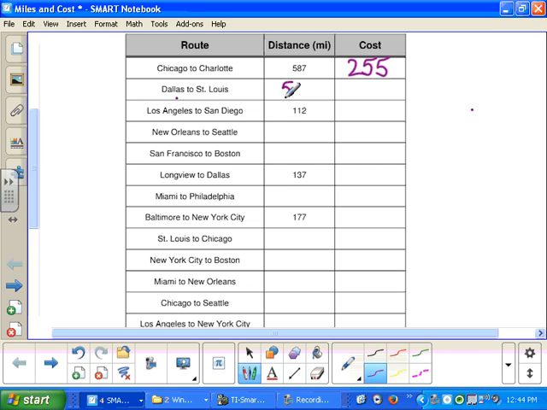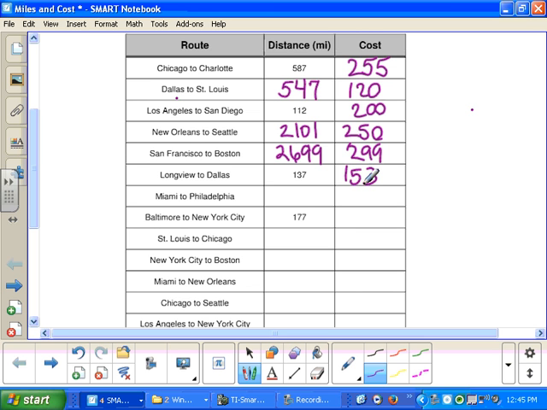Okay, we should have 547 and 120. 200. Just go in again and check to make sure that you have them all.